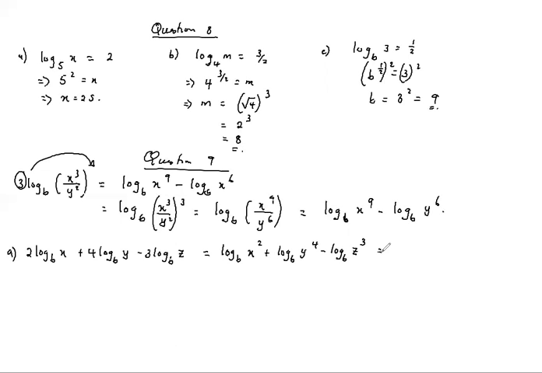Where they are adding, log x^2 plus log y^4, it becomes a product of the same base, so x^2 y^4. And then the minus comes down to divide. So this is how you express it as a simple logarithm.